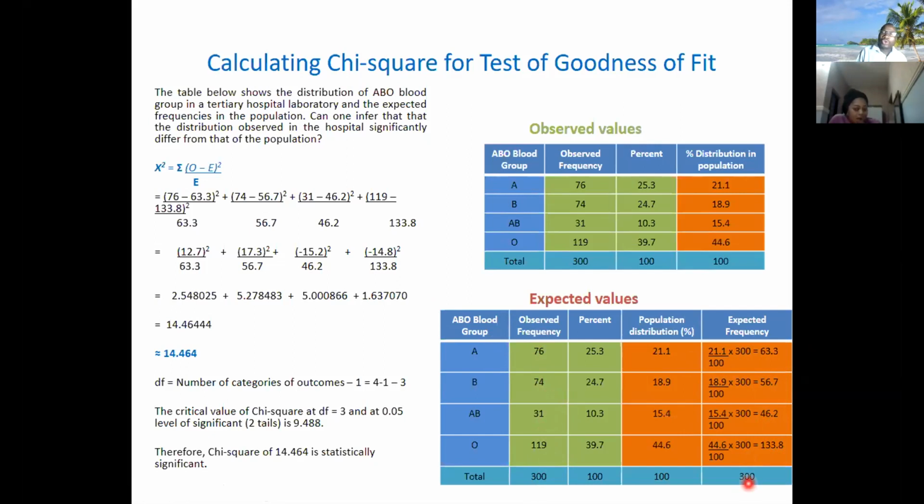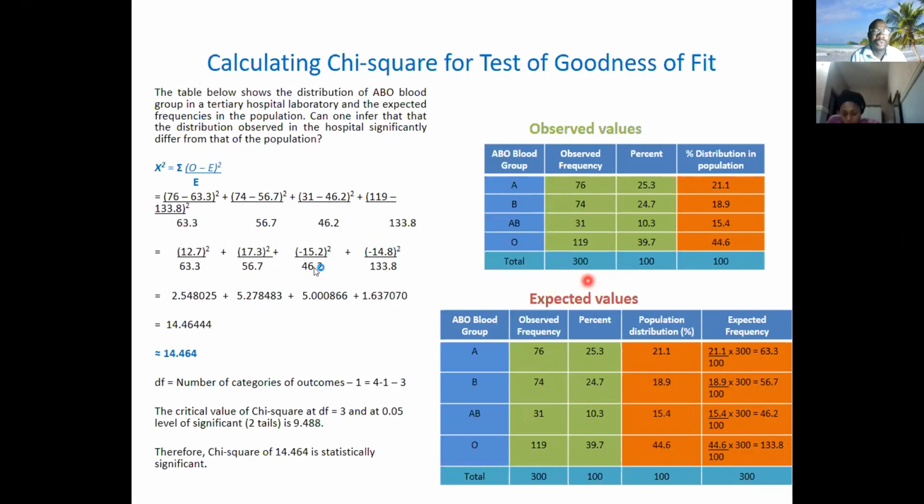So your own sample is 300. If the expected percentage is this, and the sample size is assumed to be the same as your own, that's what you just did to know how many of them will be in those categories.